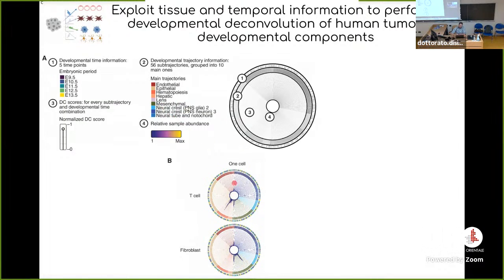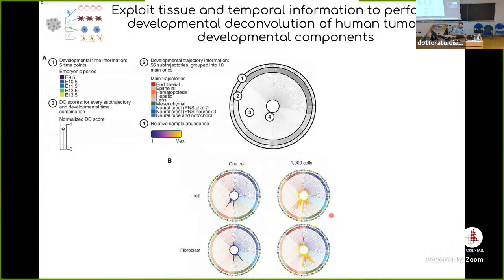So this is what happens if you deconvolve one sample, which is already one cell, so this is why we expect this level of purity. When we deconvolve 1,000 cells, there is a bit of spread, but it is still focused on the trajectories that you would expect.